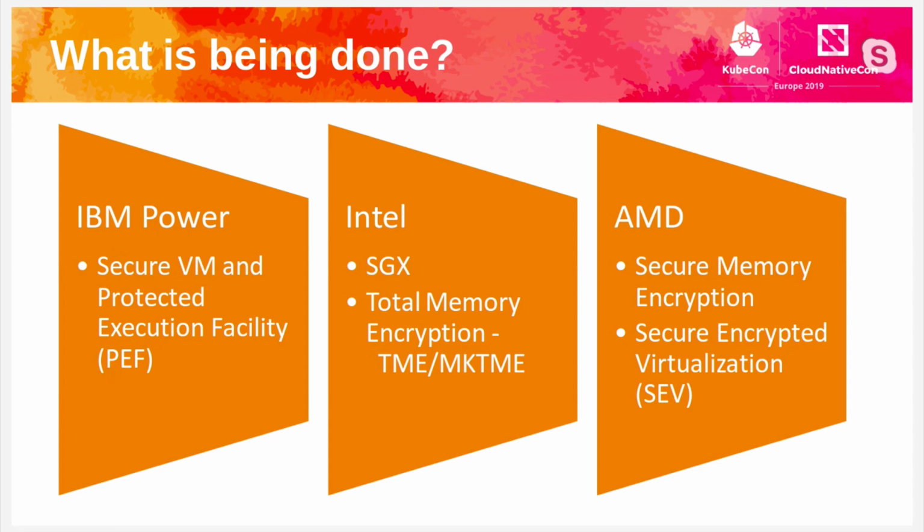But then we are taking the technology to the next level. How do you protect the entire memory? How do you ensure that there are no changes to the application code? In the subsequent slides, we will look at some of these details in the context of Secure VM and Protected Execution Facility, which are made available by the IBM Power processor architecture.